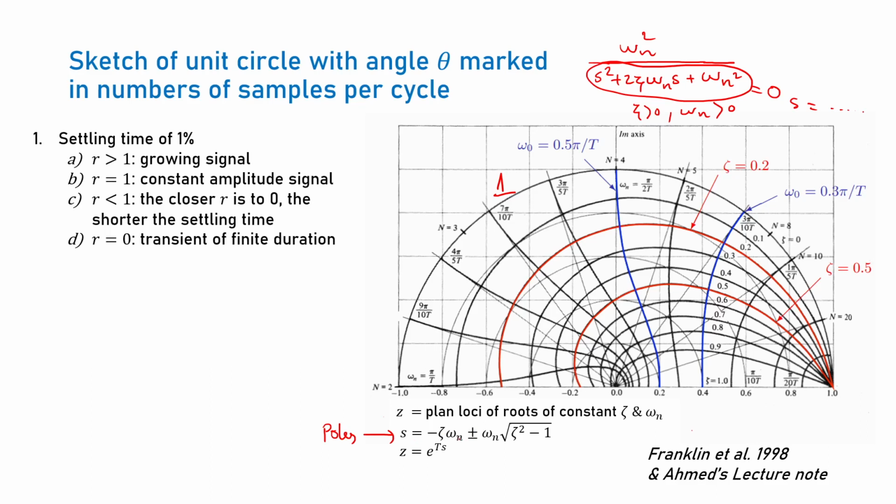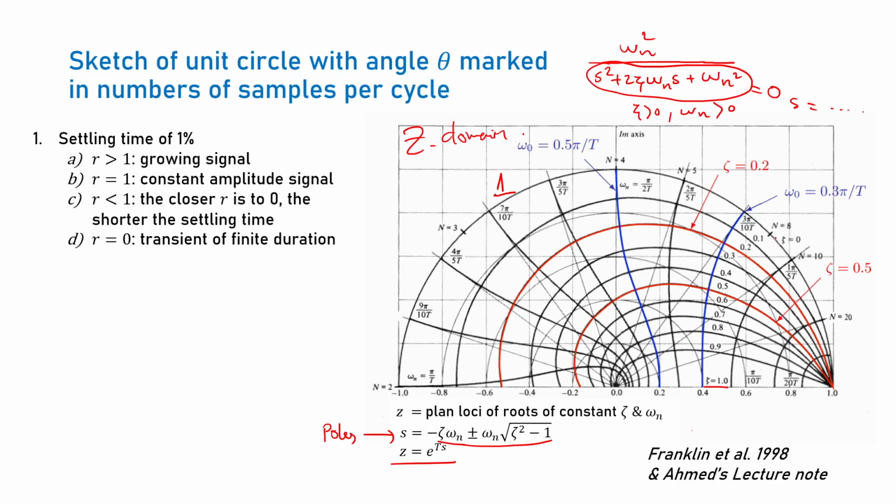Well, you can map from this to the Z domain. This is the Z domain, by using this relationship, z equal to e to the Ts, and you have s equal to this. Because here we only study the case where zeta is less than or equal to 1.